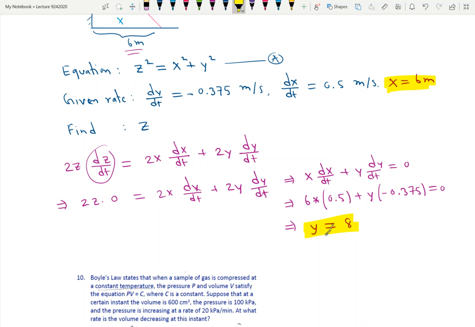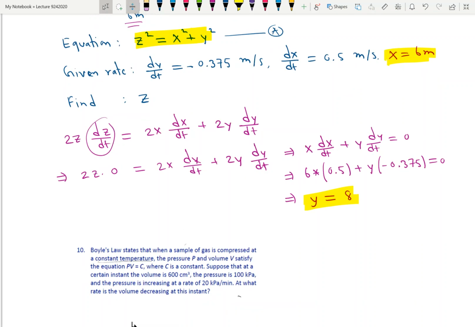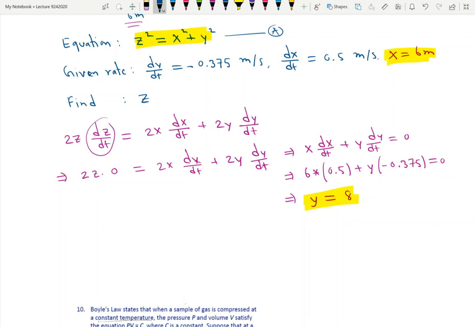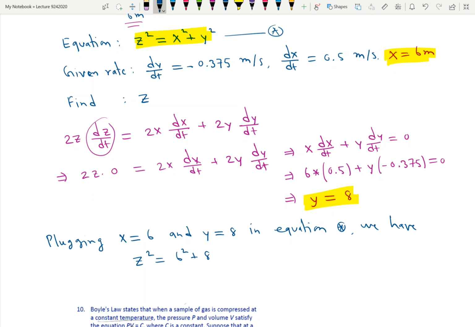Now if you plug these two values x and y in equation 1, then you will get z. So x equals 6 and y equals 8 in equation star. We have z square equals 6 square plus 8 square.